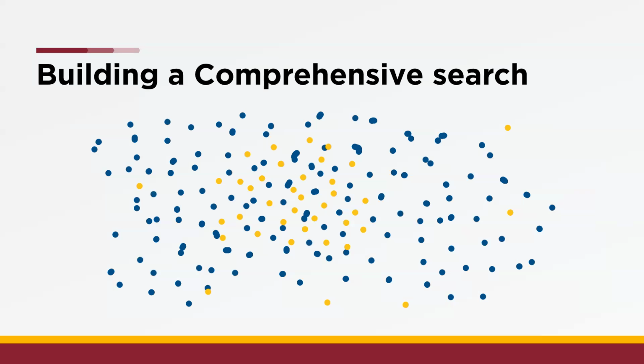The yellow ones answer your question, and the blue ones don't answer your question. And so what we need to do is draw a circle essentially around as many of them as possible to capture as many yellow ones as possible.